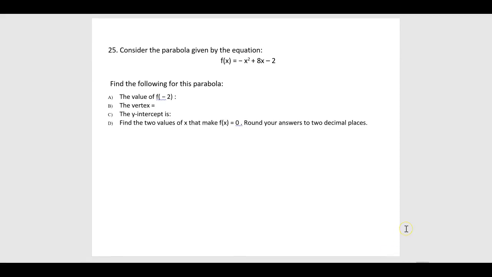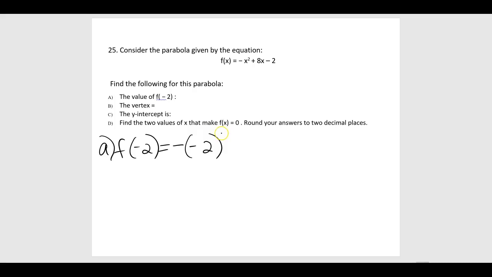Okay. So consider the parabola given by the equation f of x equals negative x squared plus 8x minus 2. First we want to find the value of f of negative 2. So basically we're going to plug in negative 2 everywhere we see x.